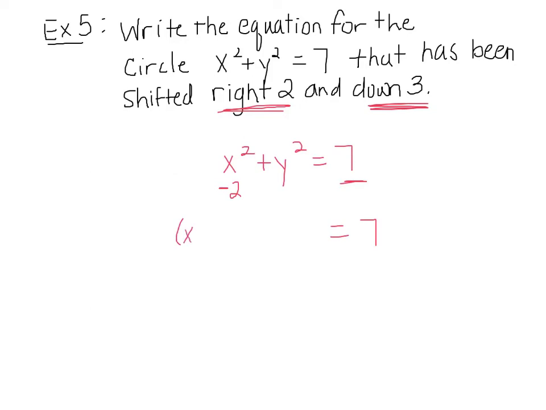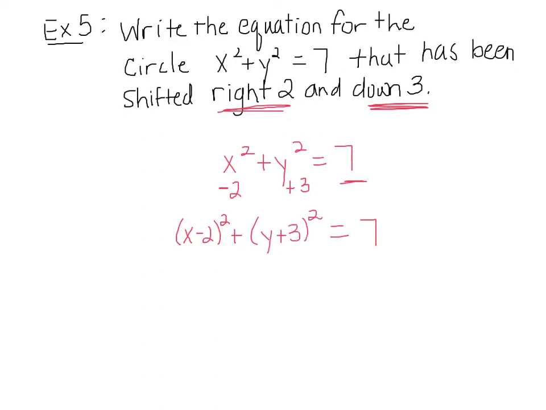So it's going to be x minus 2 quantity squared plus, if I go down 3, we usually think of that as minus 3, but in my equation it's going to be plus 3. So we have y plus 3 quantity squared.